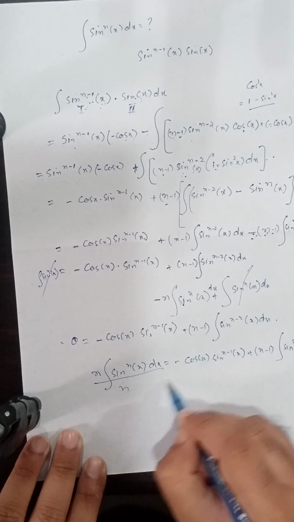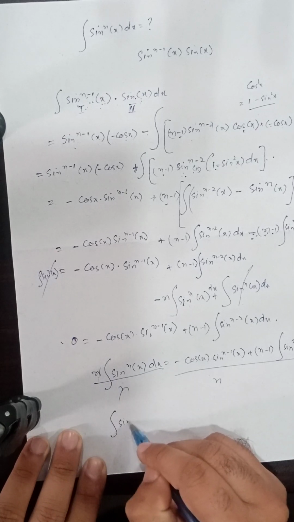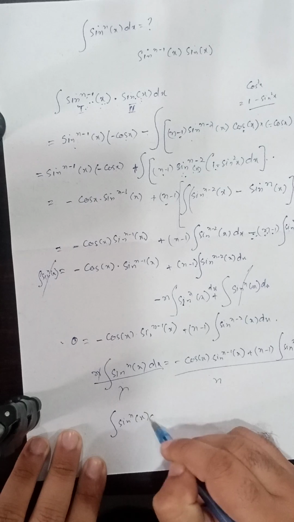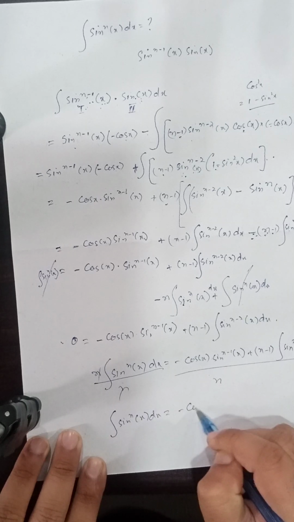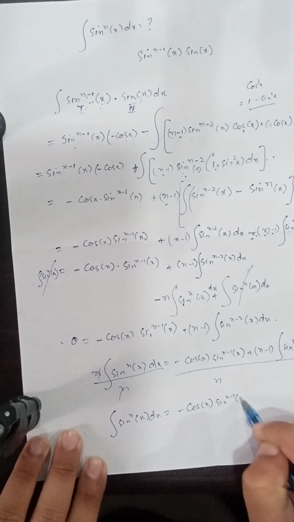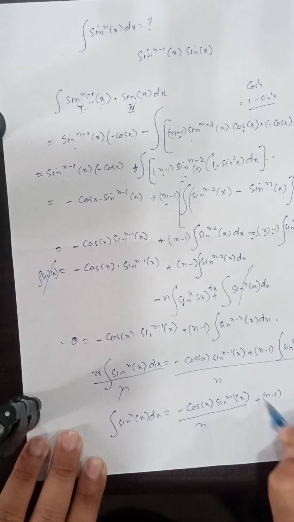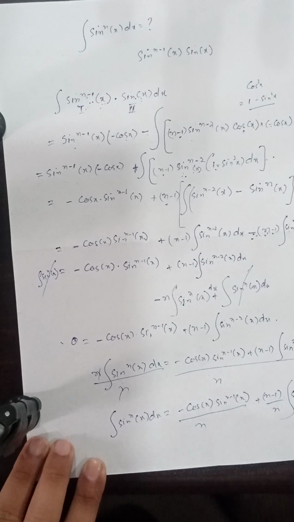Now dividing by n on both sides, the integral of sine power n of x dx is equal to minus cos of x sine power n minus 1 of x divided by n, plus n minus 1 divided by n times the integral of sine power n minus 2 of x dx.